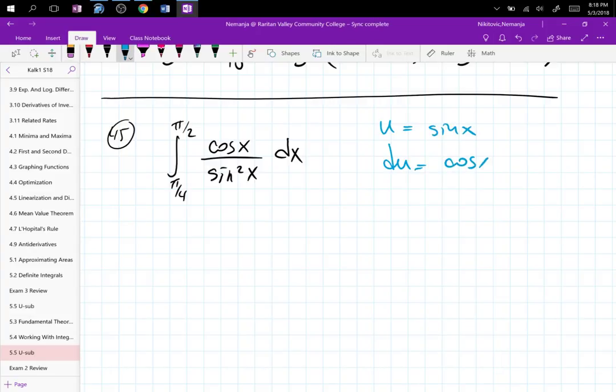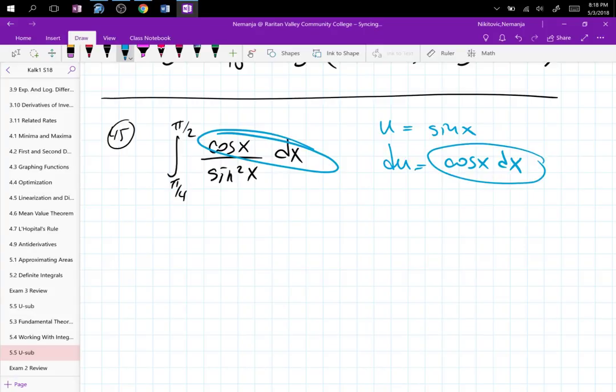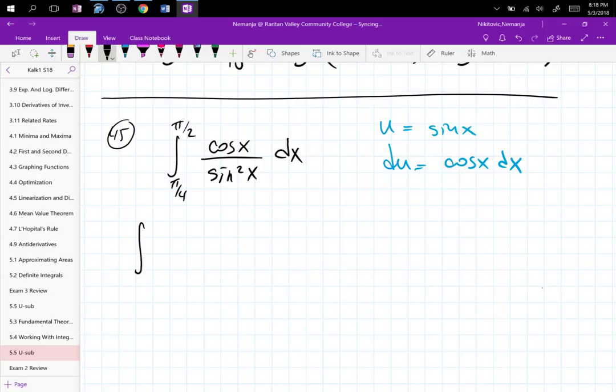The derivative of that is cosine x dx. Ooh, I like that. Because I have cosine x dx in the numerator, and this is together in the numerator. So I like that. Okay, so I have integral. Cosine x dx is du. And sine x is u, so u squared.